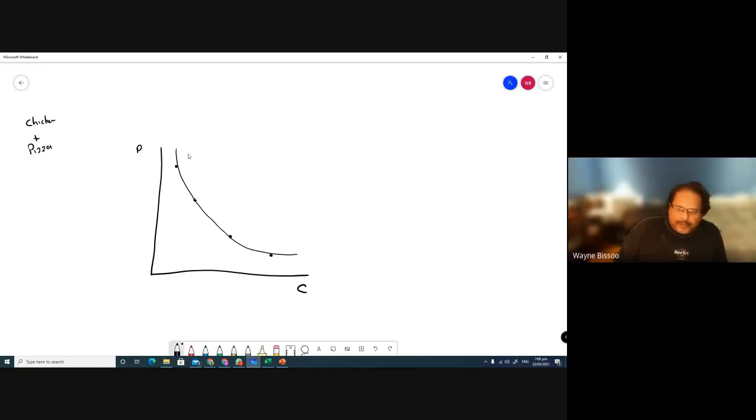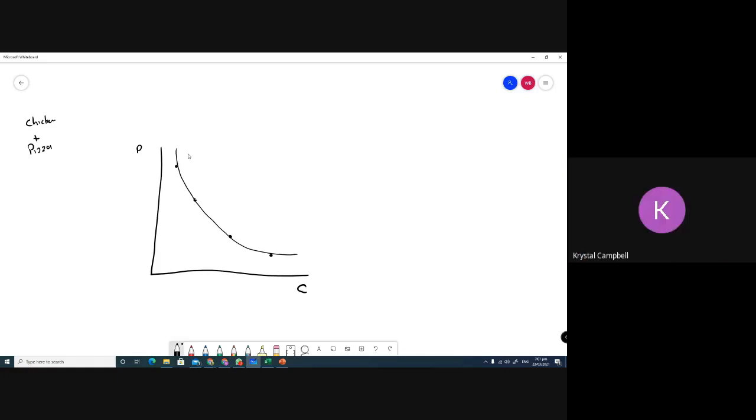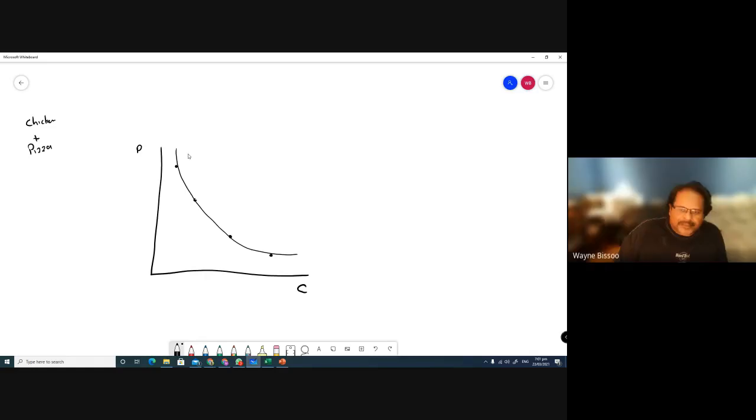So this here might represent one slice of pizza and one piece of chicken. That'll be this point here, so that's a lower indifference curve, somewhere down here.